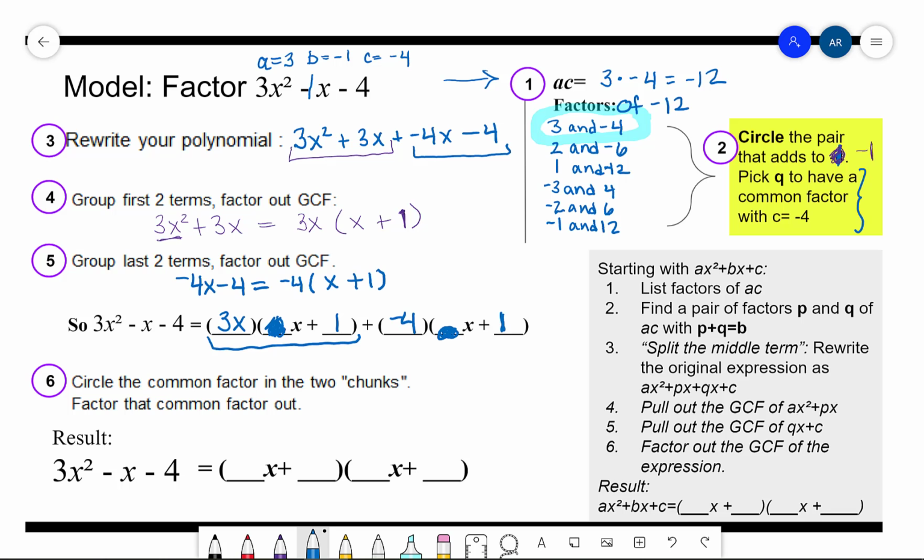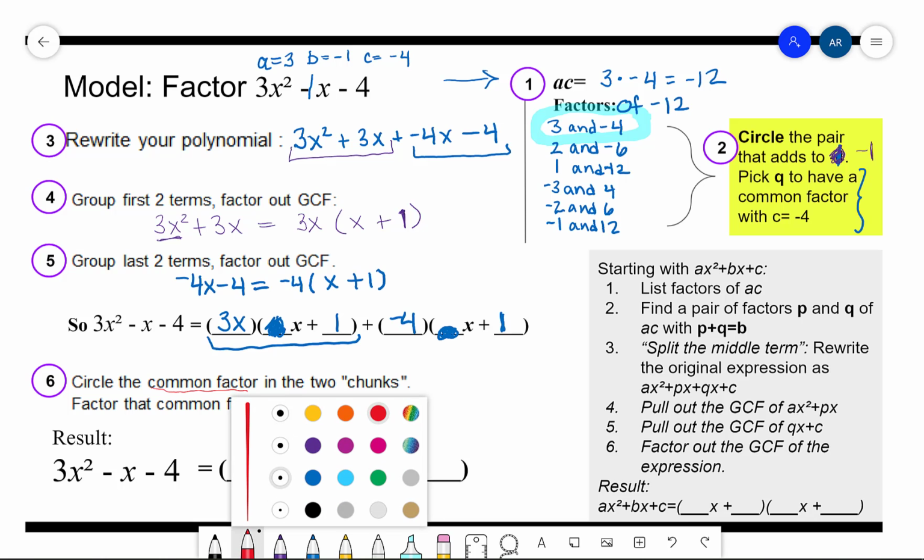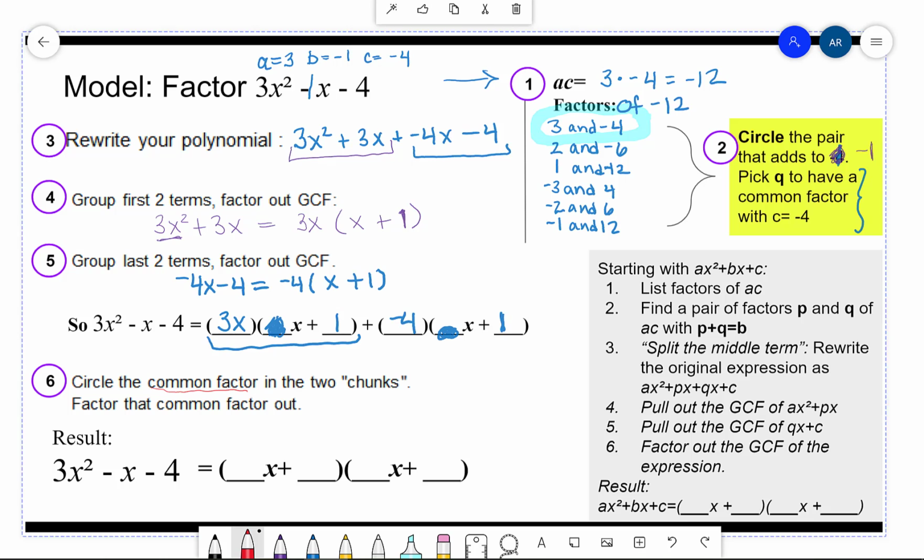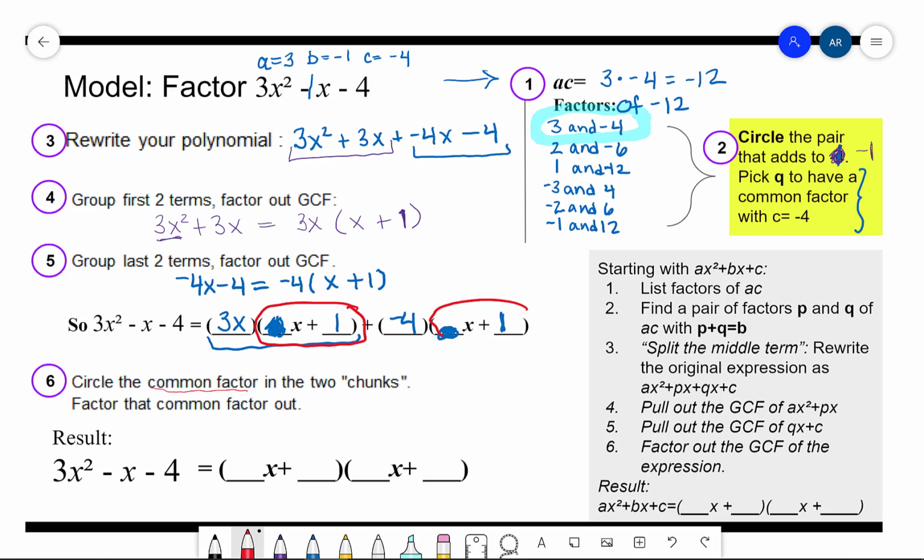Now I look at my two pieces. We are in step 6. I'm going to circle the common factor in the two chunks, the largest common factor that I can find. I notice both chunks have an x plus 1. Almost always this is going to be the case, that it'll be that whole other portion if you set this up right. So one of my two factors is x plus 1. If I factor that x plus 1 out of both terms, what remains?